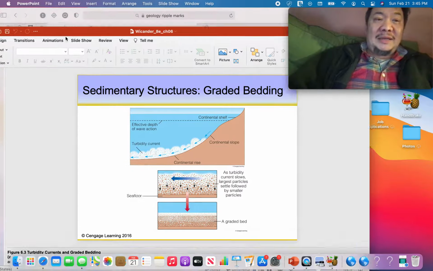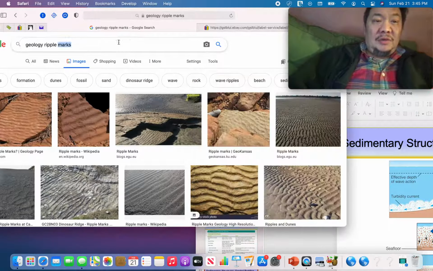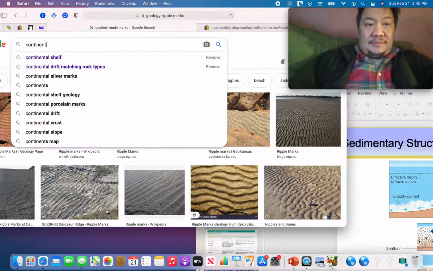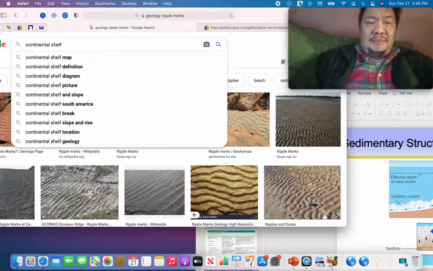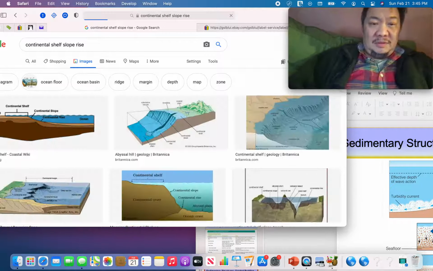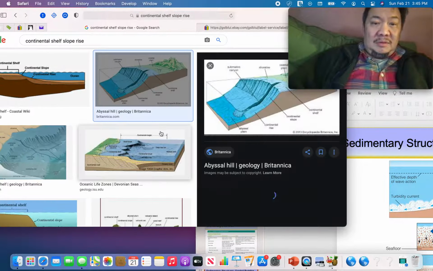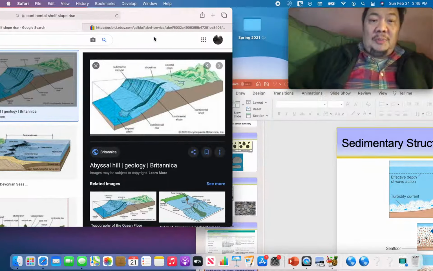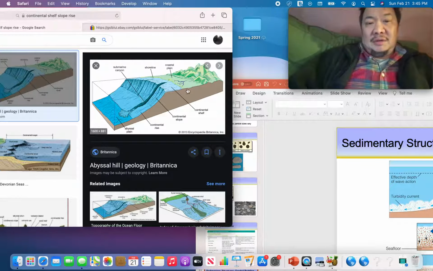So, bottom line is, let's do some Oceanography 101. Here's your typical coastline. Here's the land, and there's the continental shelf, the shallowest part of the ocean.